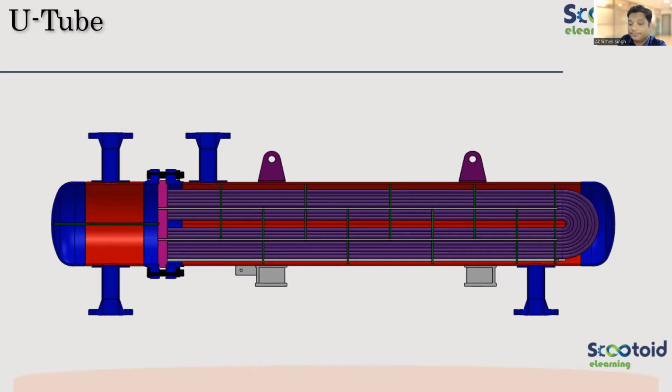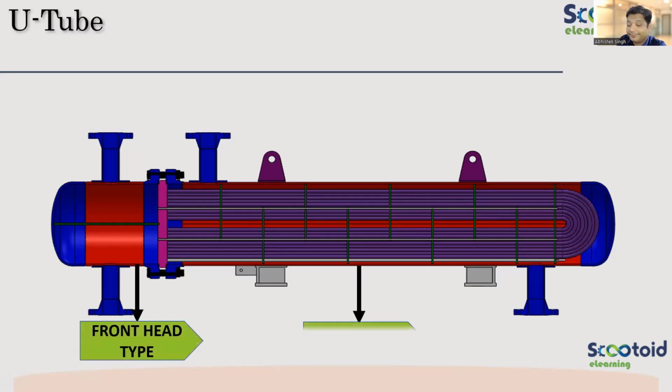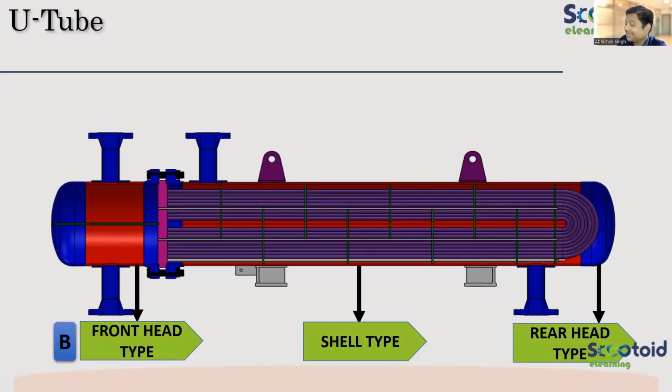The first, front head type, is what? It's B. Remember, first is type A, which is having bolting there. Don't look at the complete heat exchanger; just try one by one, like what we are doing. Decide the front head type, then the shell type, and then see the rear end. Then you combine.